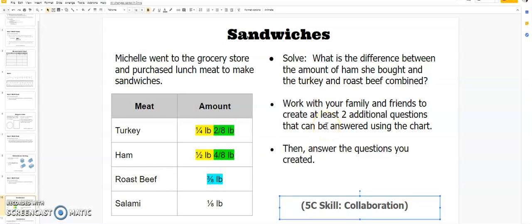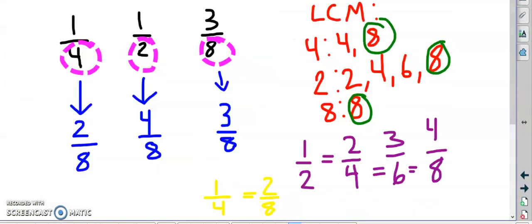Remember the difference between the amount of ham she bought and the turkey and roast beef combined. So when we look at it, turkey and roast beef combined, we'll be adding those. So we'll take turkey plus roast beef, and then we're going to subtract the ham from it.